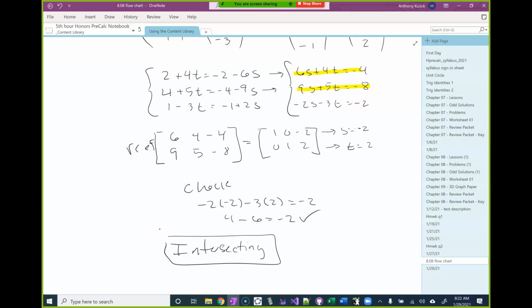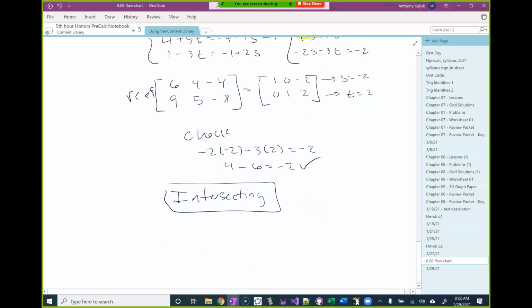And to find the intersection then, I can take either S or T and plug it back into the corresponding equation. So I'm going to take equation R1 and plug T equals 2 into it, since R1 was the equation with the T in it.